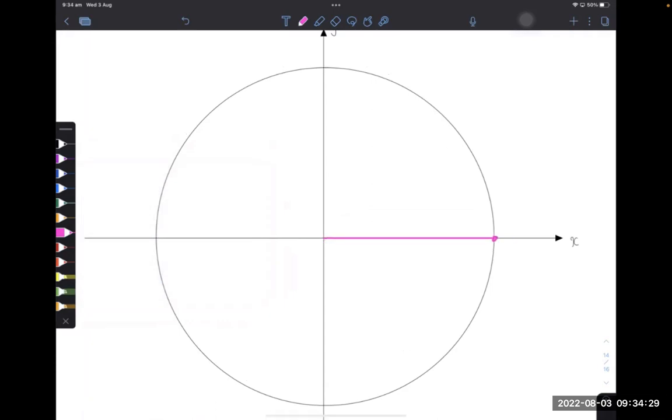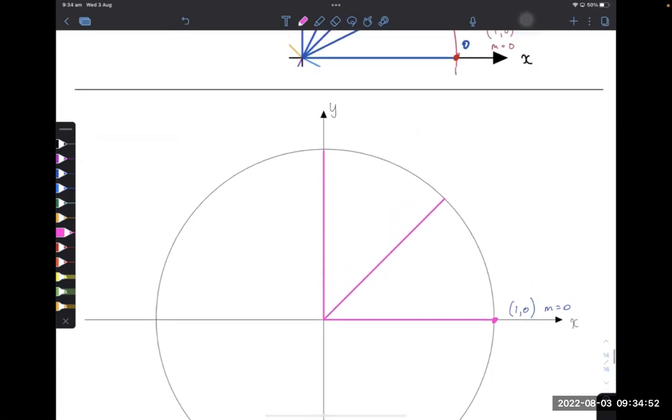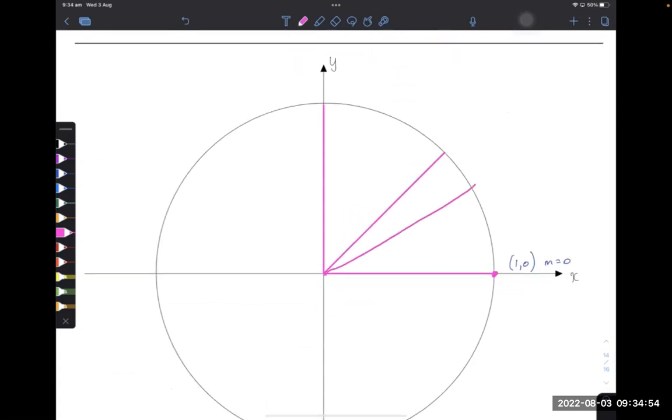So I'll start here. What I like to do is split this in half first. And then we know that there's another 2 splits that occur. One at 30 degrees.